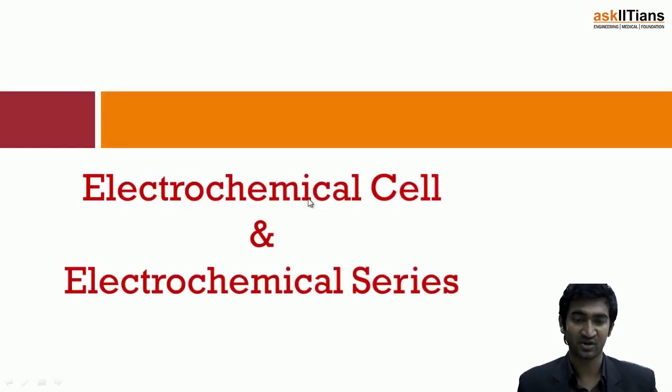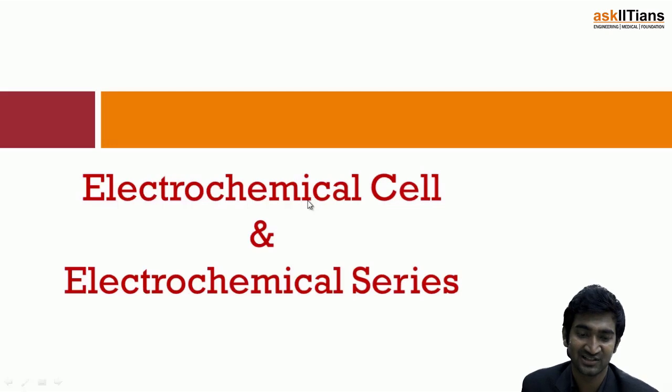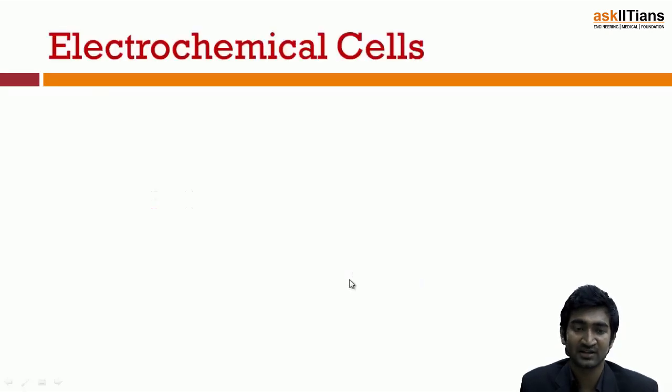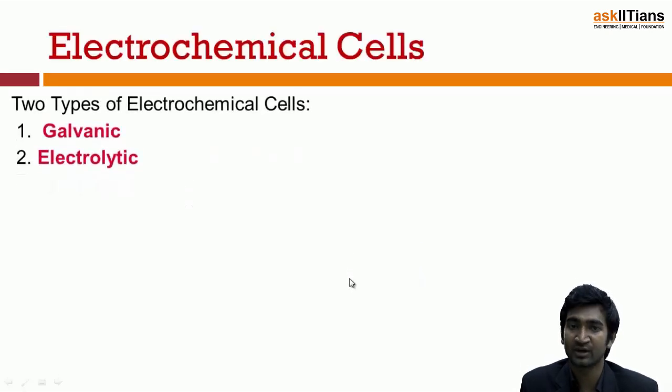Here we go. So hi students, this is our last part, electrochemical cells and electrochemical series. And why is this part important? Because this is totally the application of redox reactions in electrochemistry. So electrochemical cells are of two types, galvanic and electrolytic.